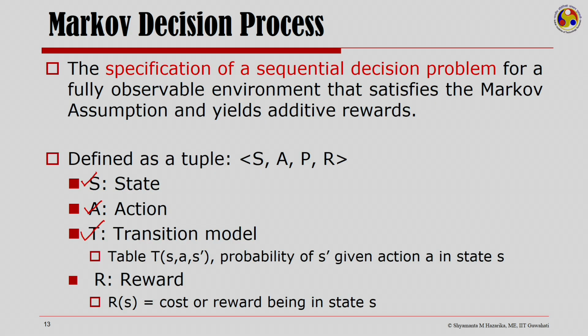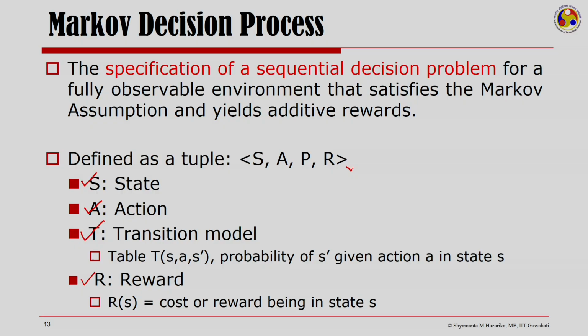In fact, the transition model is a table of probabilities of S prime given action A in state S, and I have rewards. Recall that reward at every state is the cost or the reward to be in state S. So, this 4-tuple that I have under a fully observable environment satisfying the Markov assumption yielding additive rewards is a Markov decision process.